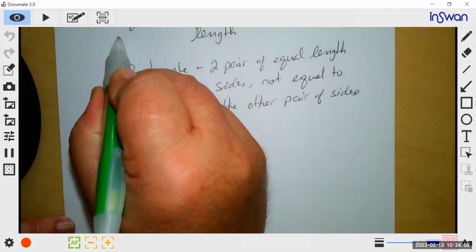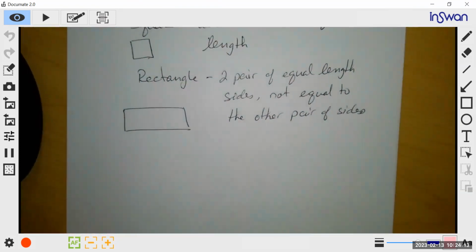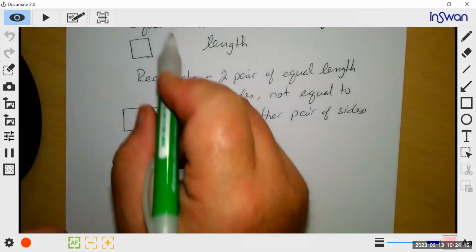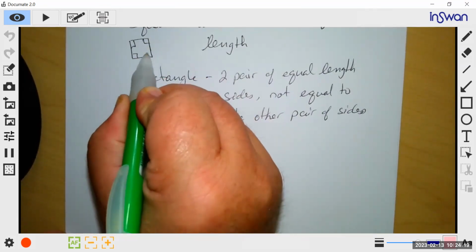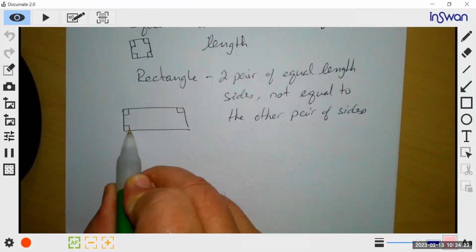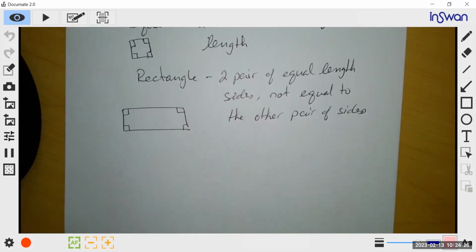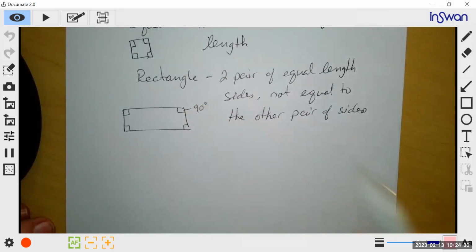So a square, all four sides are the same. All four sides are the same. Very important that all interior angles are 90 degrees. That's what this little box means. This box here means that it's 90 degrees.